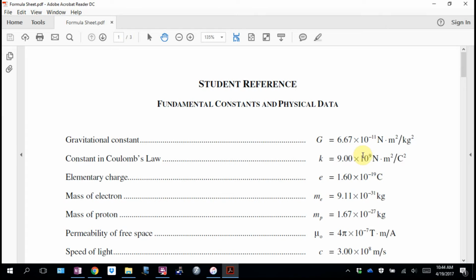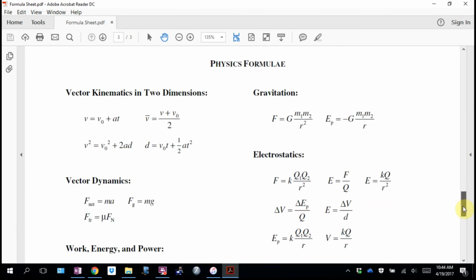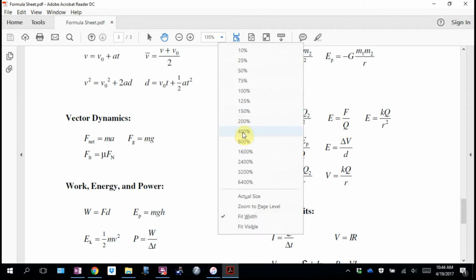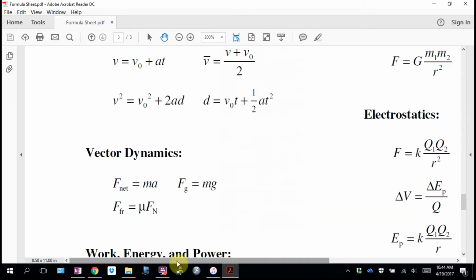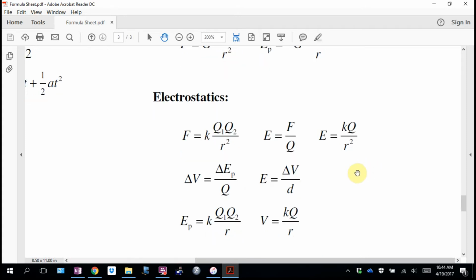I'm going to strongly encourage you during this unit to have your formula sheet in front of you. The reason is, if you look at the electrostatics section, which is right here, I'm going to zoom in here. The problem is, a lot of these equations look very similar.